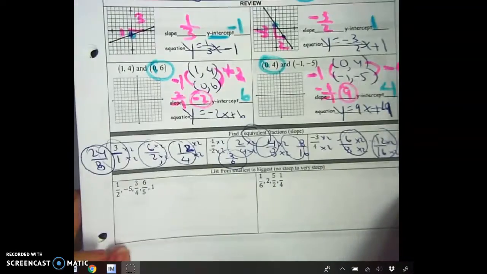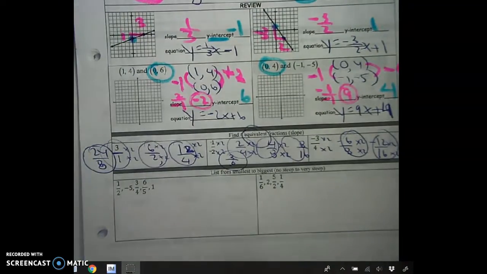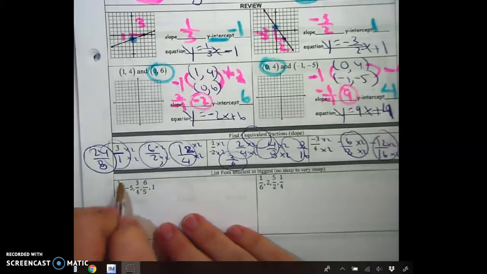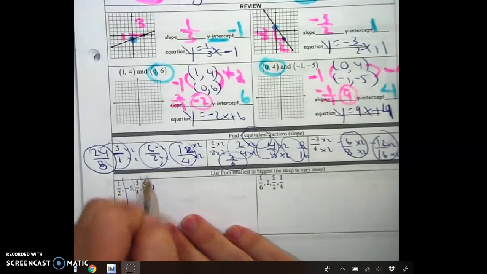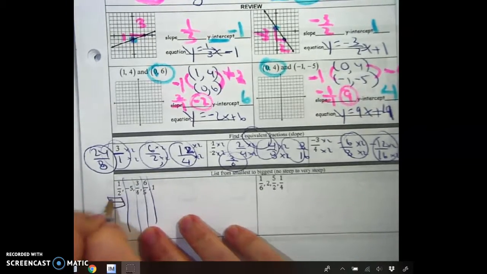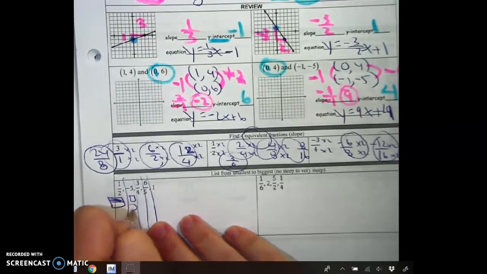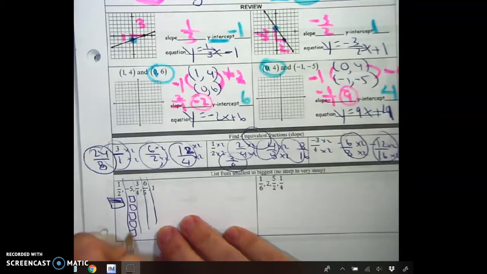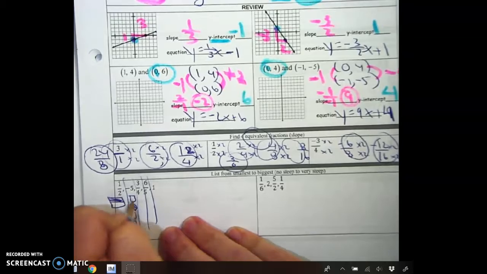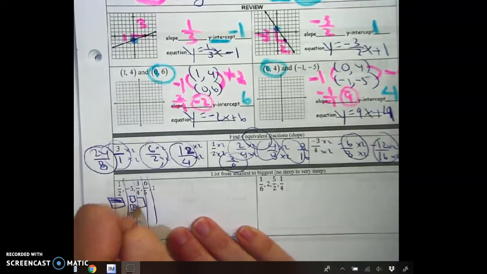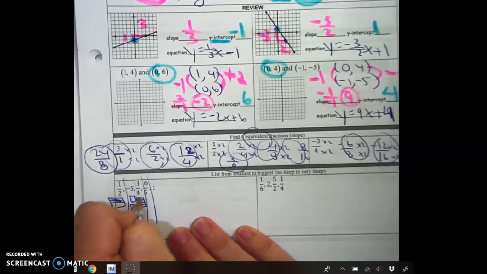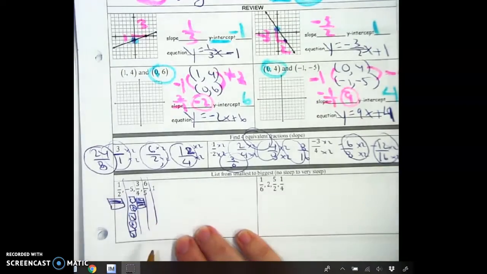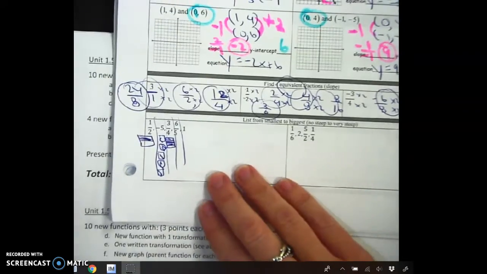Okay. Last one is most steep to least steep. So let's separate these. A half. 1, 2, 3, 4, 5. 1, 2, 3. And this one is 1, 2, 3. Make that a little bit bigger.